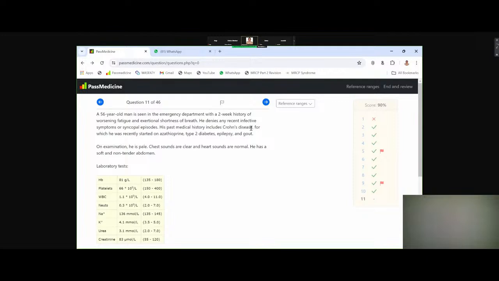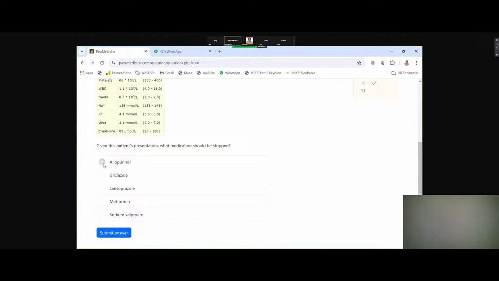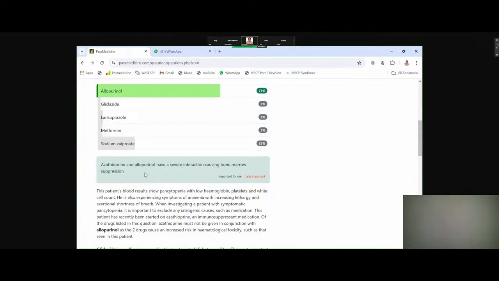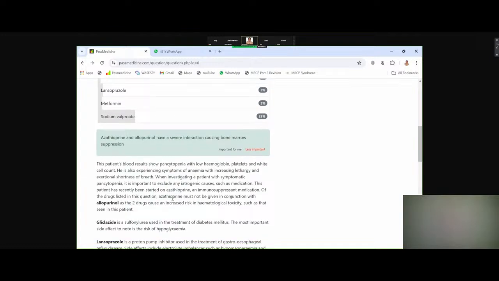Past medical history includes Crohn's disease, for which he was recently started on azathioprine and allopurinol. Allopurinol will increase the side effects of azathioprine, so we should stop it. Azathioprine and allopurinol have a severe interaction causing bone marrow suppression. So this we know already.